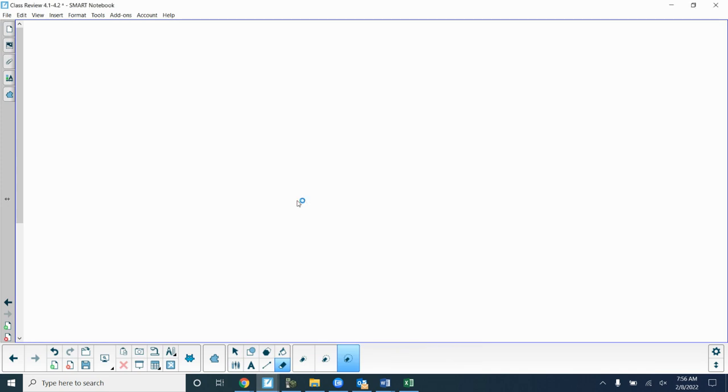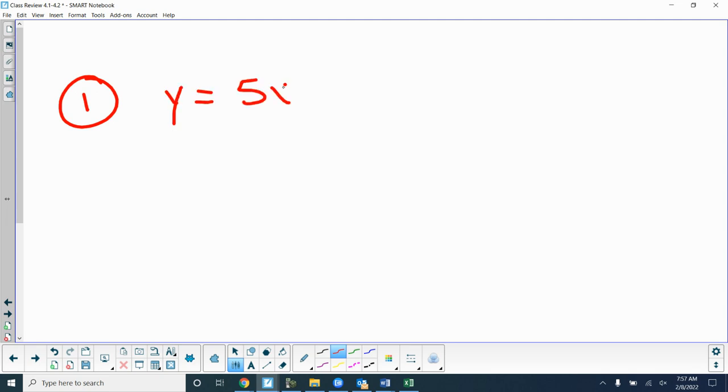So, number one, for the practice quiz, we have to find an inverse. First four, we got to find inverses, right? So remember, I wrote it as f of x, but we can replace f of x with a y. Okay?